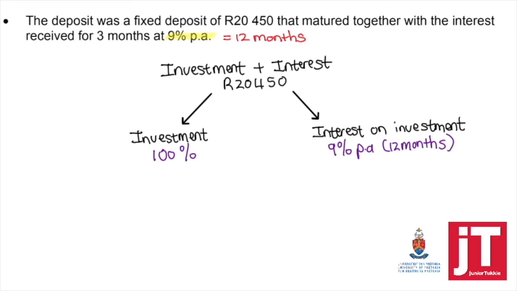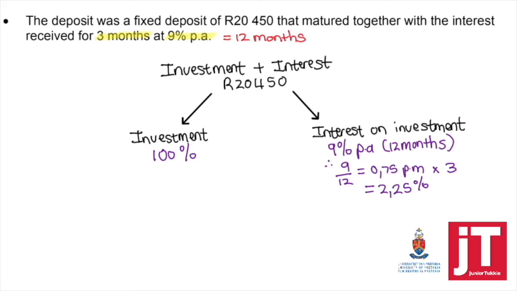So we say the investment is always equal to 100%. My interest is 9% per annum, which is 12 months. So if I want to find out the monthly interest, we are going to take 9 divided by 12, and that equals 0.75 per month. I want to find out what was the interest for 3 months, so I'm going to times that by 3, so over 3 months, that would have been 2.25%.